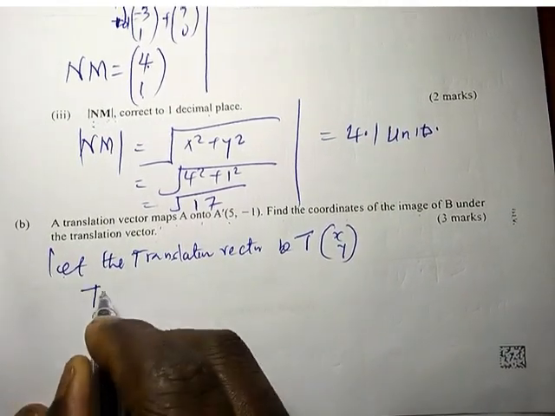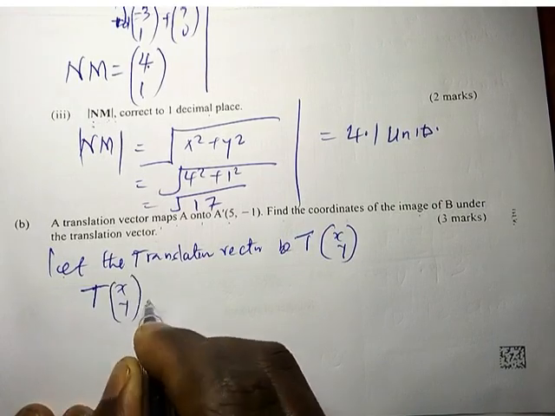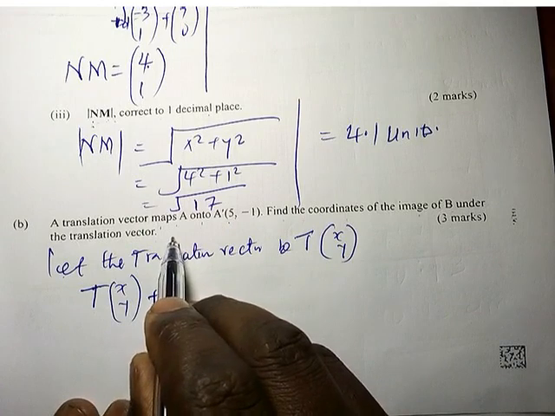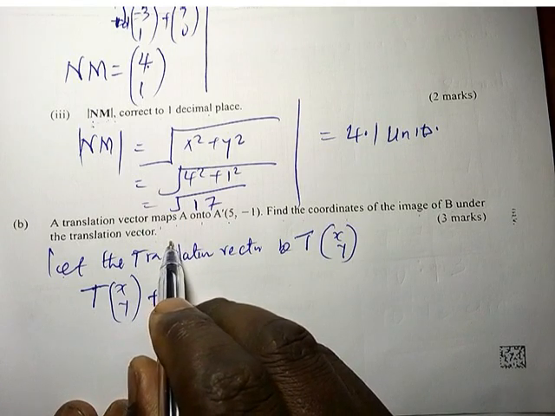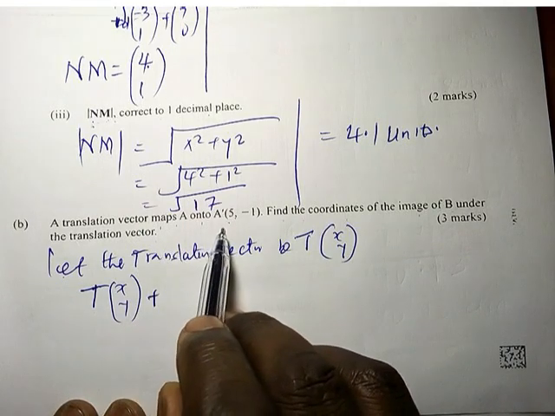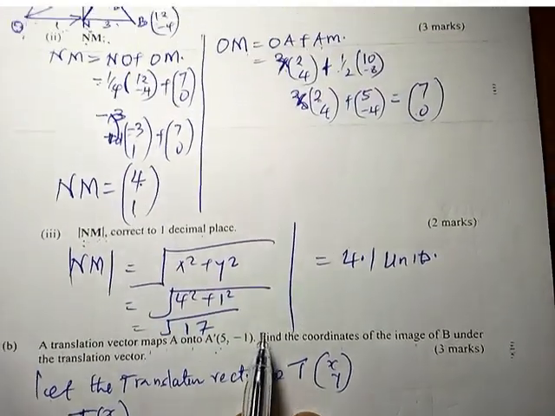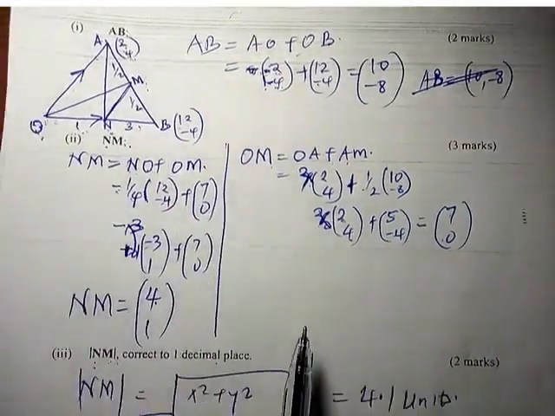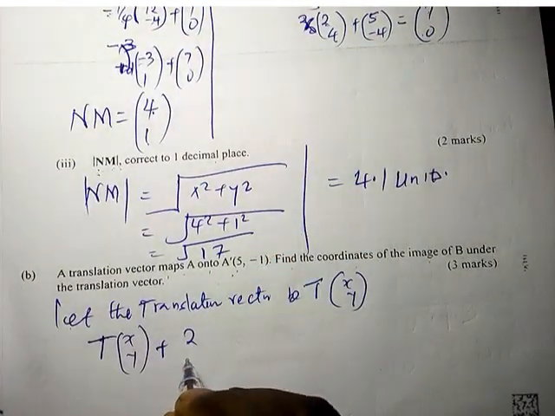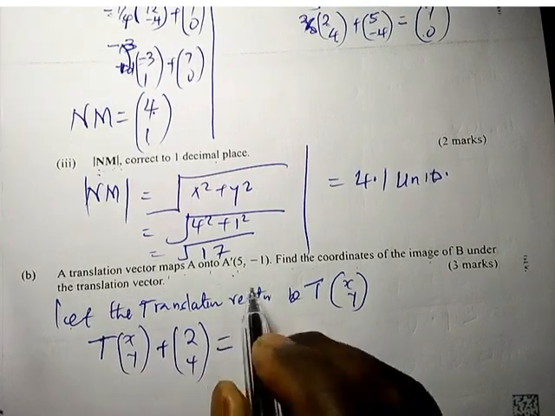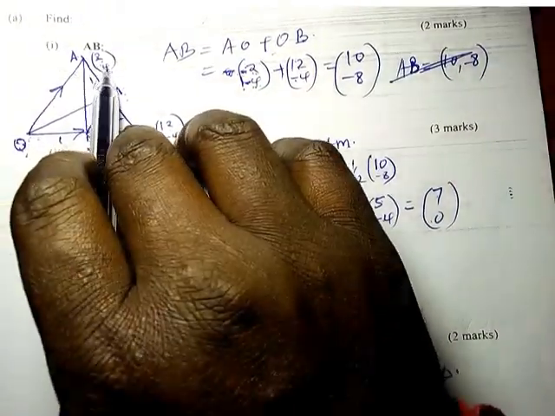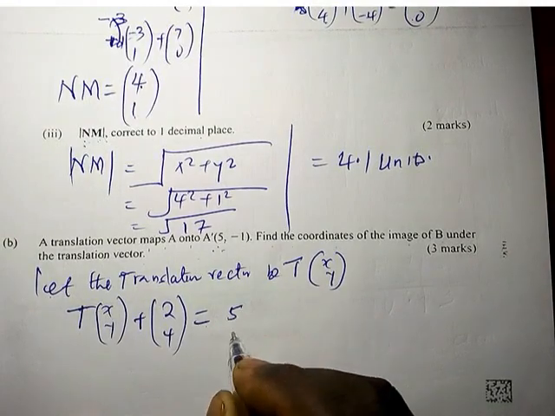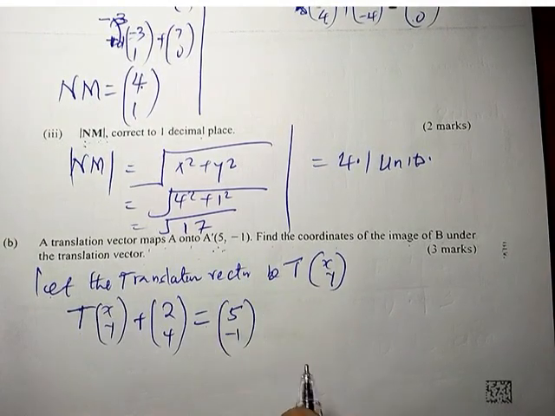So T, which is XY, plus the object, because it translated A, we have A. A is 2, 4. 2, 4 will give us the image, which is now 5, -1.